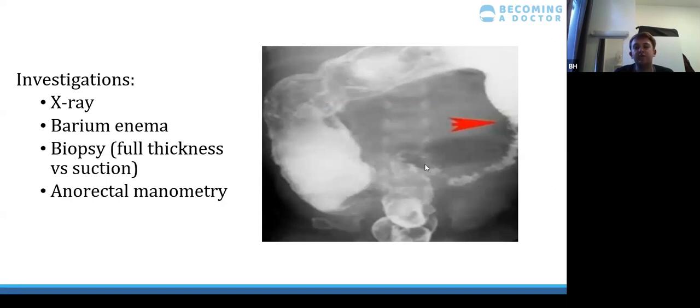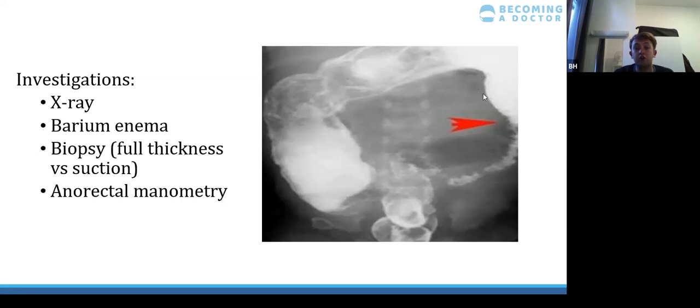And here you can see really nicely this contracted aganglionic segment, and then this big dilated bit. And this bit between the two is called a transition zone, and that's what they always look for when they do this. So just the transition of the contracted bit to the dilated bit.